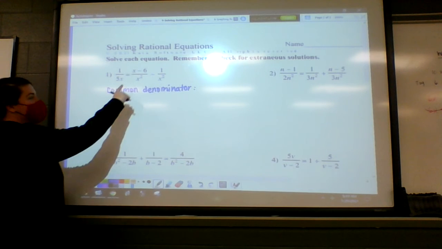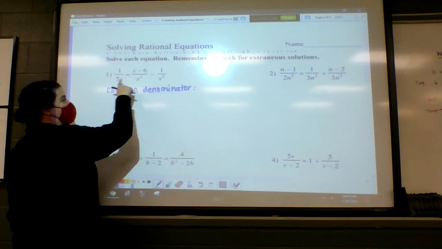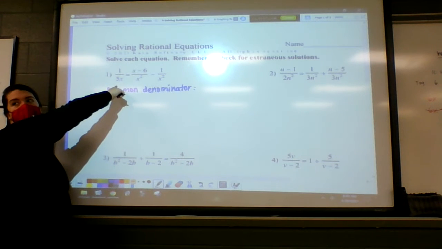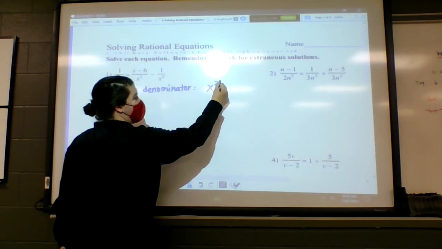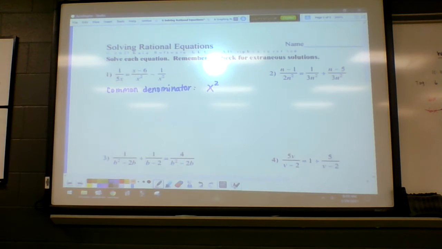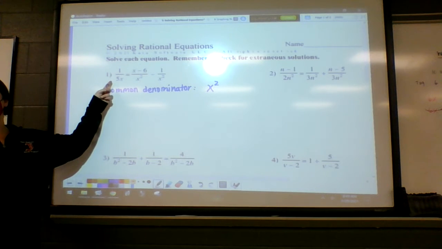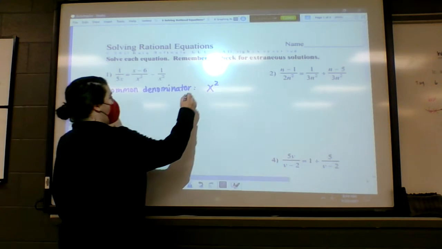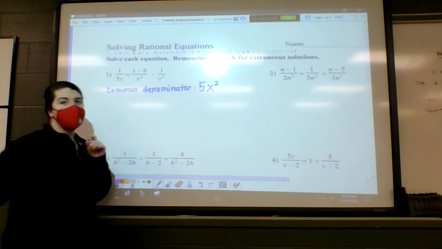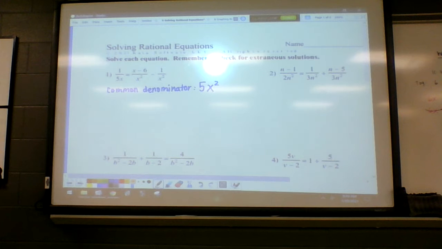If it has an x squared, then this one's good and this one's good, and then we could make that into an x squared, couldn't we? They all have to have x squared in them. What else do they all have to have? A 5, right? Because this first one has a 5, so as long as these also have a 5, our common denominator will be 5x squared.